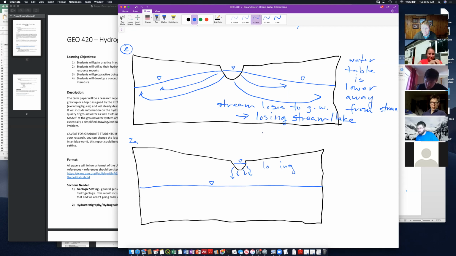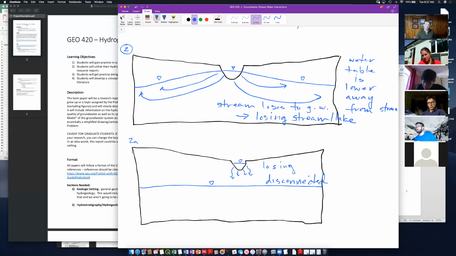Does that happen a lot with irrigation ditches? Yeah, it can happen with irrigation ditches. Where it happens a lot in Montana is where streams come out of the mountain block and into a big alluvial valley.